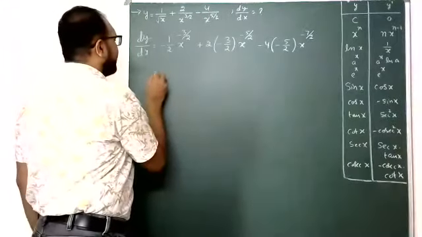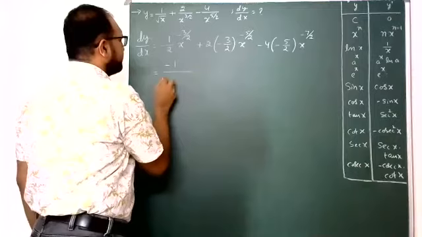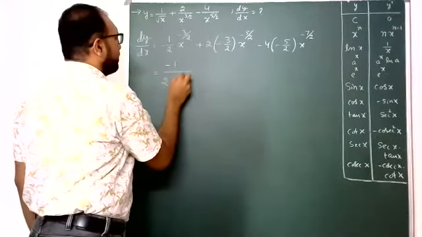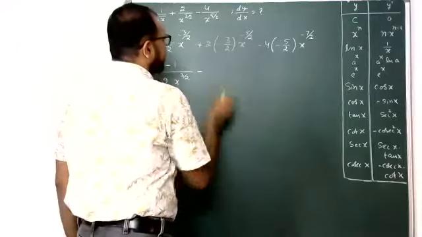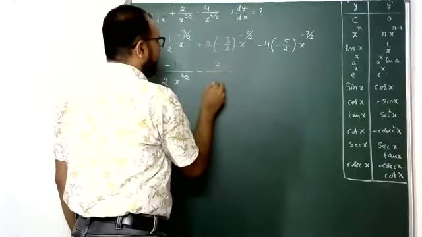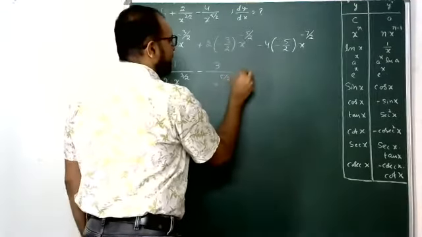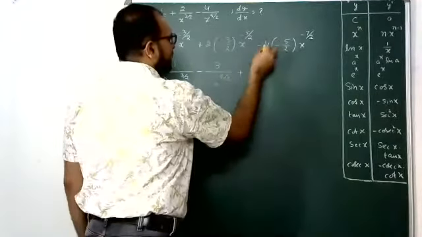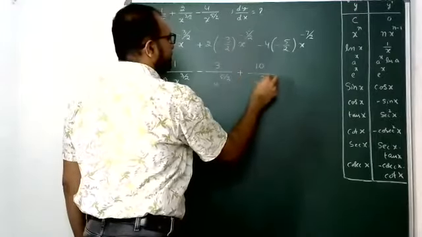Yes, after simplification, minus 1 divided by 2 x to the power of 3 by 2, first term. Second term, minus 3 divided by x to the power of 5 by 2. Minus minus plus, here 2, that is the 10 x to the power of 7 by 2.